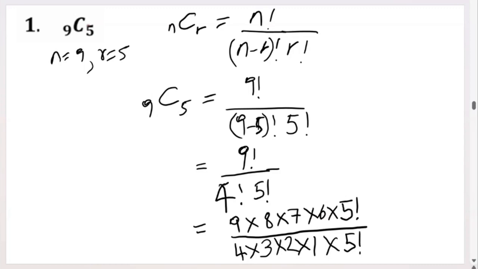So this I'm going to cancel out, this I'm going to cancel out, and then the 4 goes into 8 twice, and this and this goes to 6.